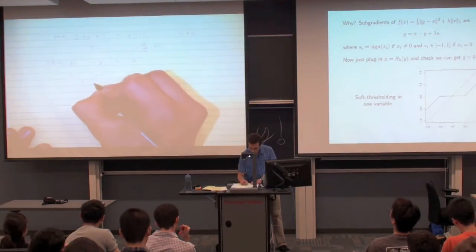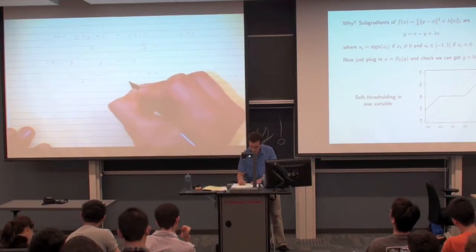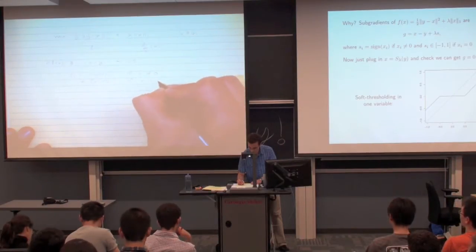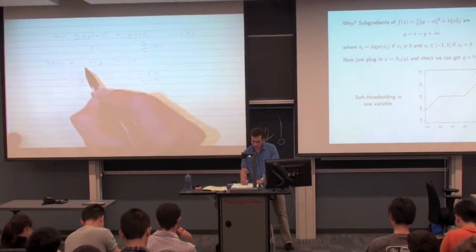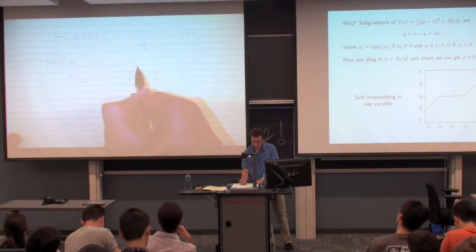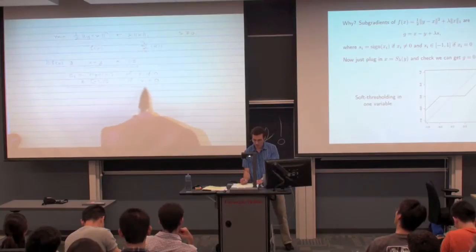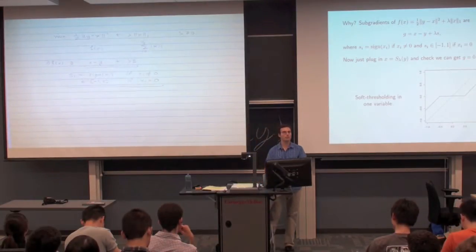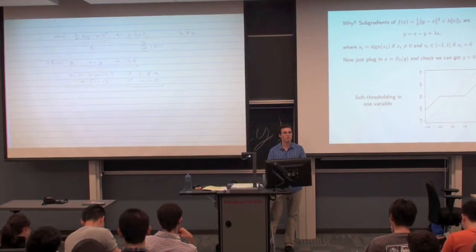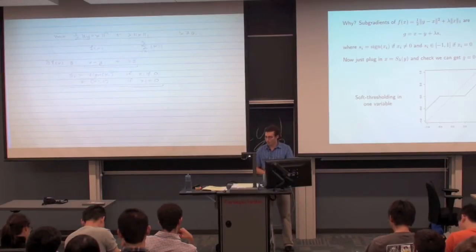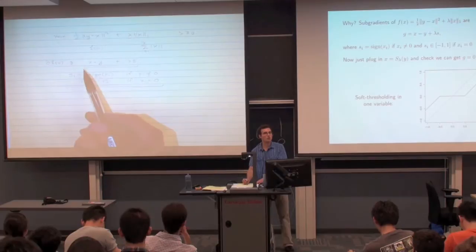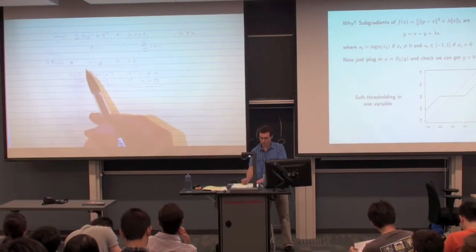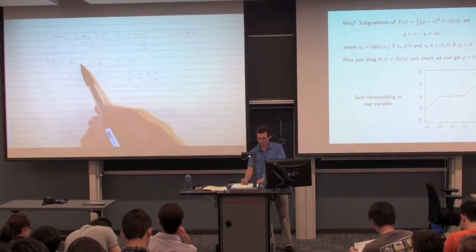Otherwise, it's anything between minus 1 and 1. So anything of this form, where S satisfies this, is a subgradient of our loss function, our criterion. Now we want to find out which values of x give us 0 as a subgradient. Which values of x can we stick in here and make this 0?